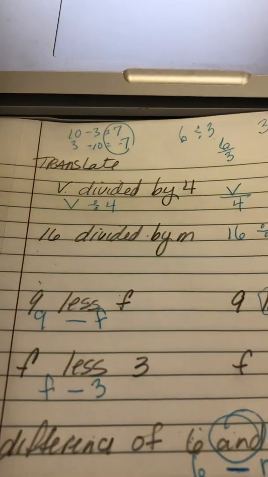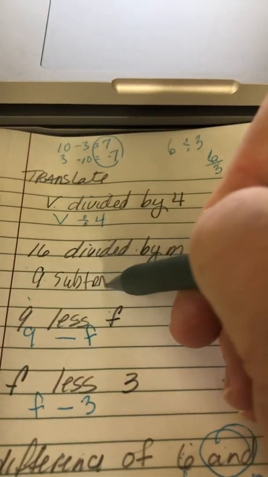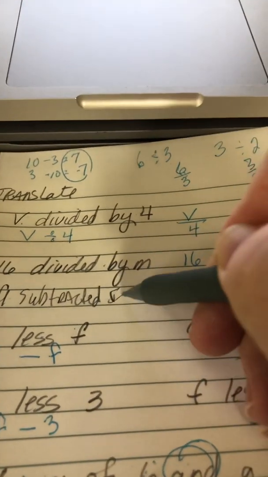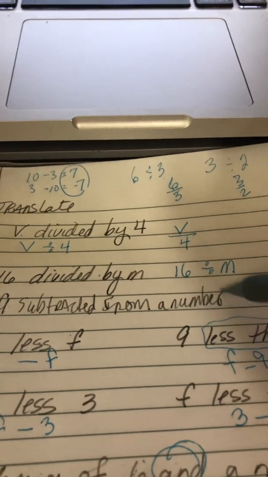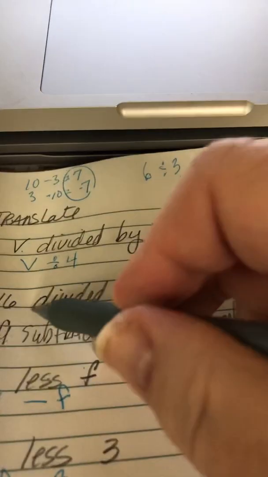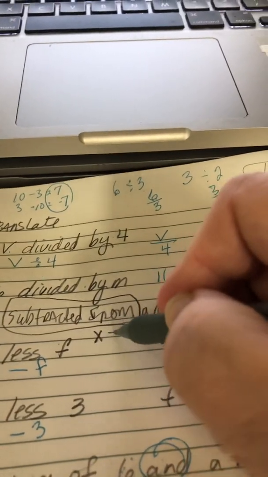Like if they said 9 subtracted from a number. Because it has subtracted from, two words describing the subtraction, we need to start with the number and subtract 9. We've got to change the order of that, okay?